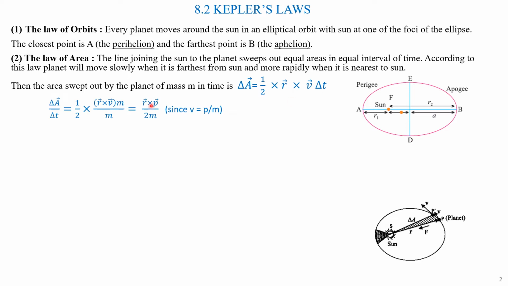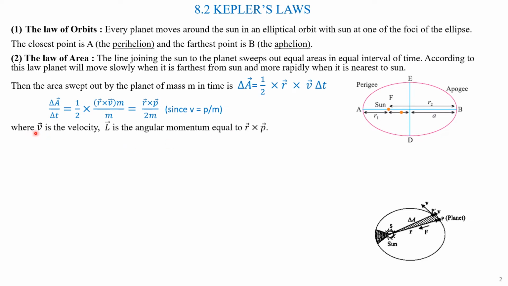Rearranging, we get delta A by delta t equal to half of r cross v into m divided by m, that is multiplying and dividing by m. Simplifying, that is equal to r cross p divided by 2m, because v into m is p, where p is the momentum.